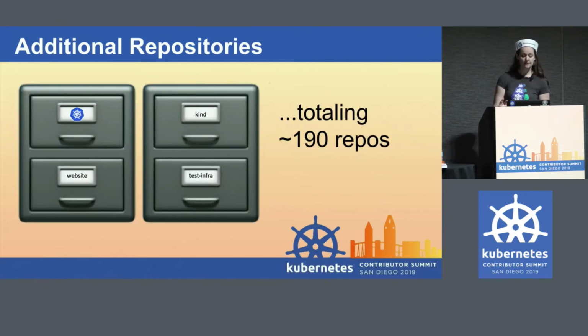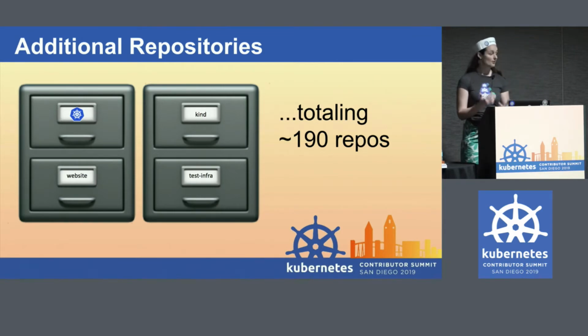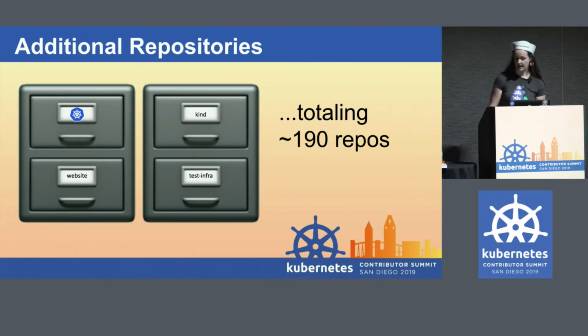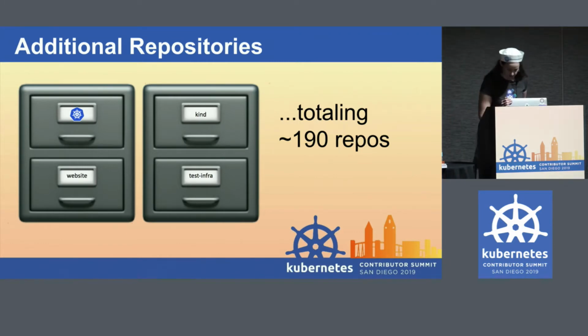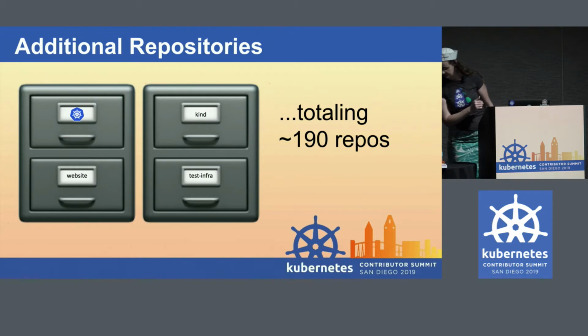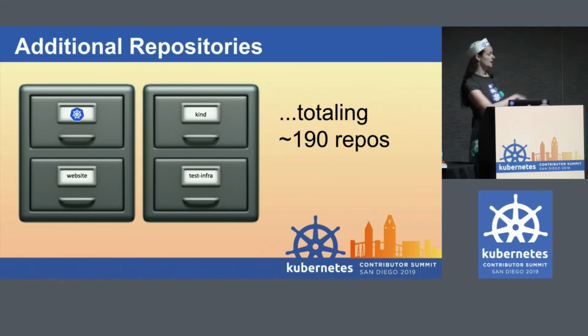But keep in mind that there are still parts of the Kubernetes ecosystem that do not live in the core repository. Most notably, our test infra does not live in Kubernetes core. I do not know where the pointer went. On the bottom right, you can see the Kubernetes test infra.